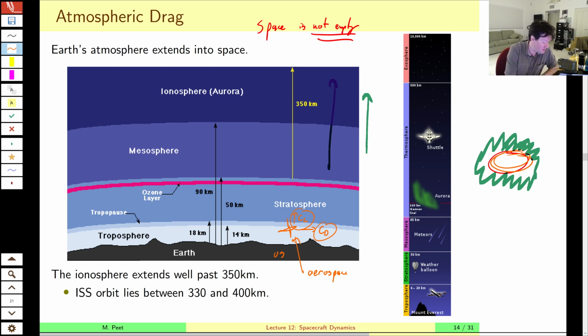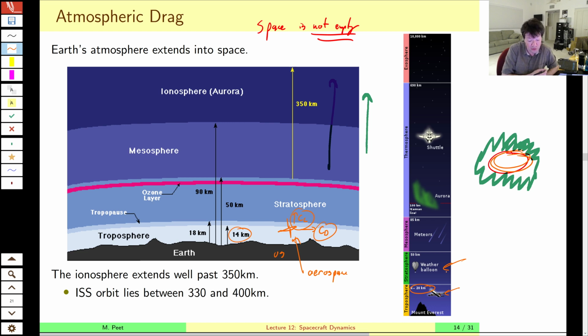So up until 14 kilometers, 20 kilometers here it says, we have airplanes. Airplanes can fly up to about 20 kilometers, at which point they're not fast enough to generate enough lift to overcome drag, or to overcome their weight. So airplanes are limited to here.